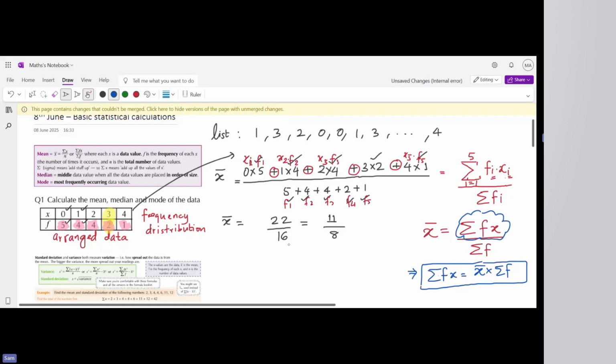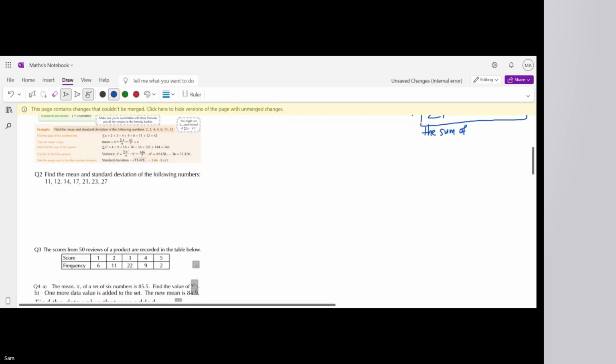This is sometimes required, as we will see as our lesson proceeds. This is important. This is the sum of all observations.